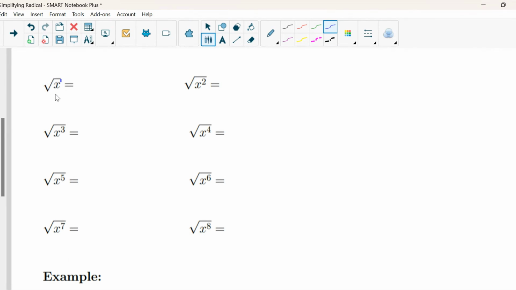Well, I know my square root has an index of 2, so since 1 is not divisible by 2, I'm just going to leave this as the square root of x. For my second example, I'm taking the square root of x squared. I'm going to take my exponent, which is 2, and divide it by my index. So this is the same as saying x to the 2 divided by 2 power, or x to the first power, which is just x.